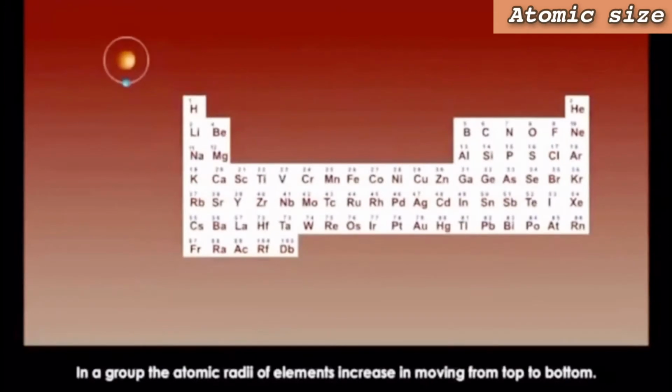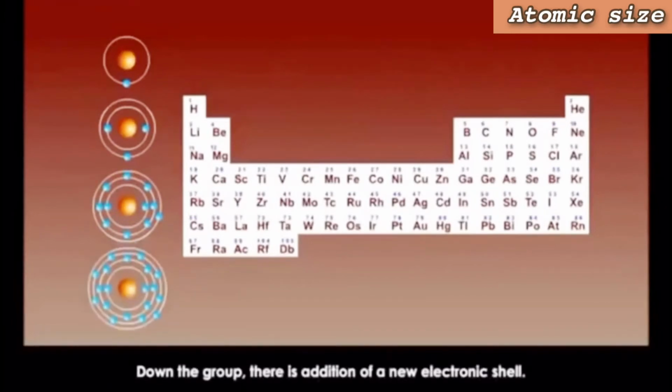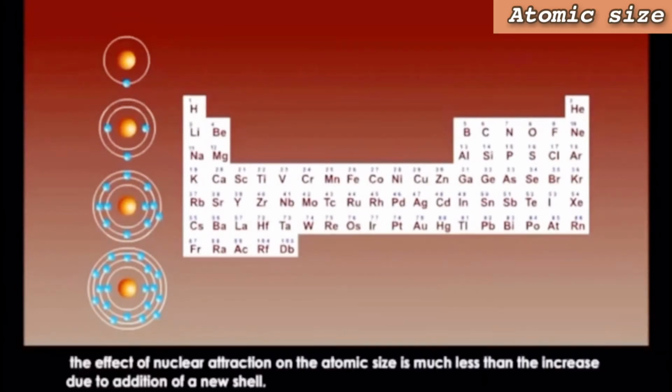In a group, atomic radii of elements increase on moving from top to bottom. Down the group, there is addition of a new electronic shell. Though the nuclear charge also increases, the effect of nuclear attraction on atomic size is much less than the increase due to the addition of a new shell.